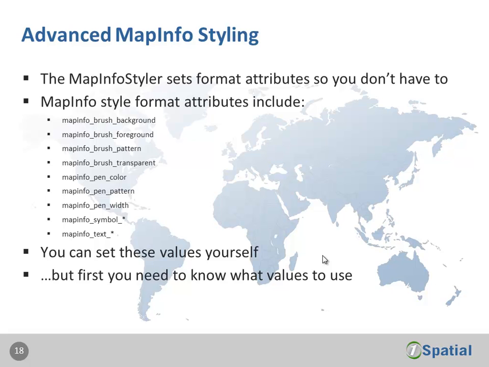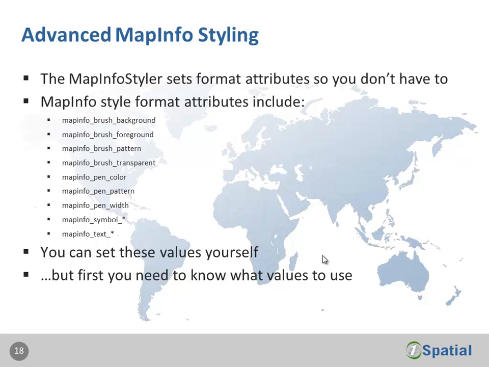Advanced Mapinfo styling takes into account the use of format attributes, which essentially is what the Mapinfo styler is helping you set. What you'll find out if you look into the format attributes is that when it comes to Mapinfo, there are a number that you can set to control the style: the brush, the pen, the symbol and the text.